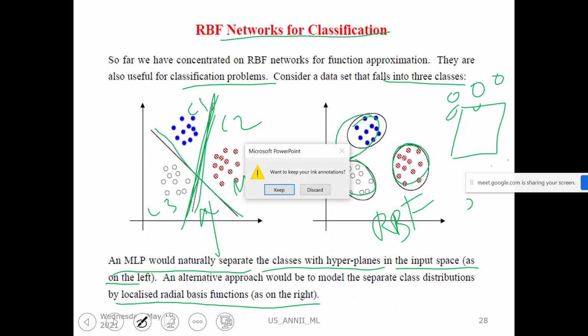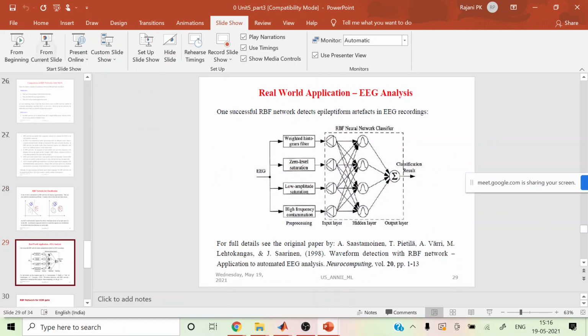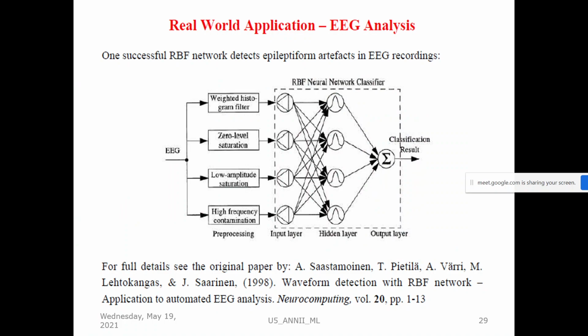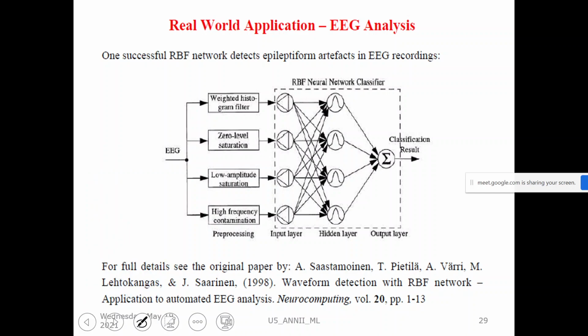Okay, we'll go with the next point, which is a real-world application of RBF. We have many applications. One successful RBF network detects epileptiform artifacts in EEG recordings.